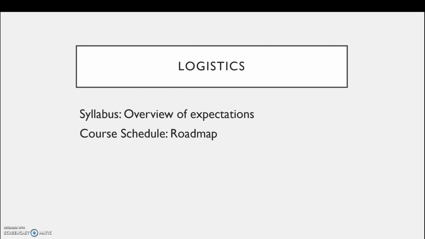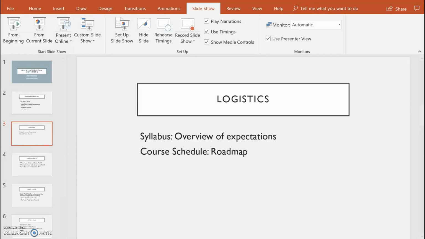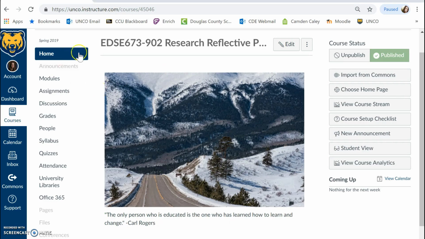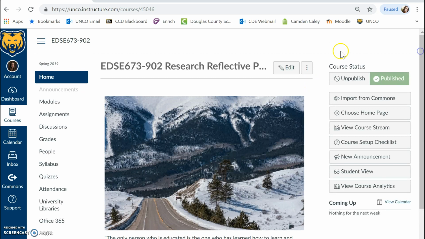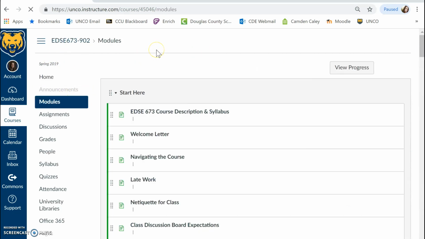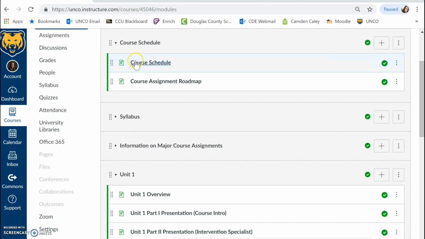First of all, we'll take a look at the syllabus, main ideas, and expectations. The course schedule is located in Canvas. Near the top, above the first module, you'll see course schedule. And I'll actually go to Canvas now. So when you arrive here at the home page of the course, if you click on the Modules tab here on the left, you'll see Start here.